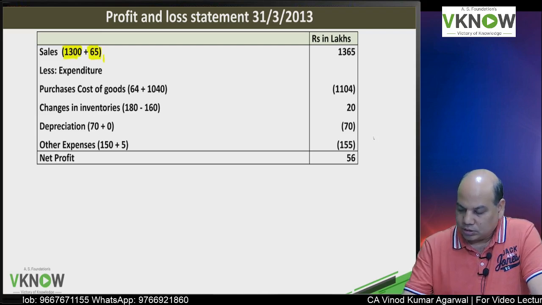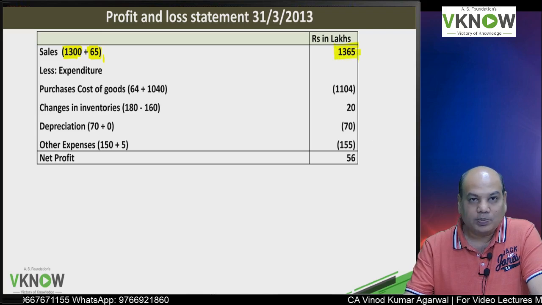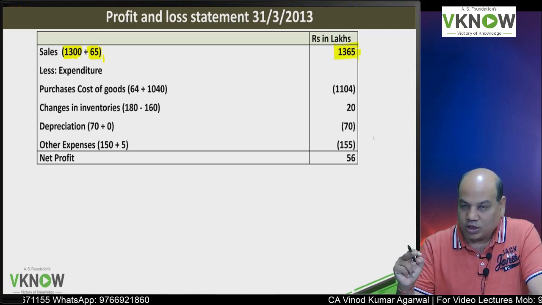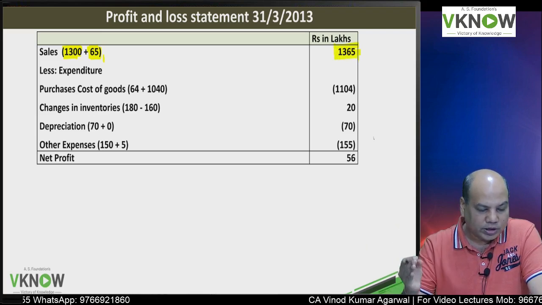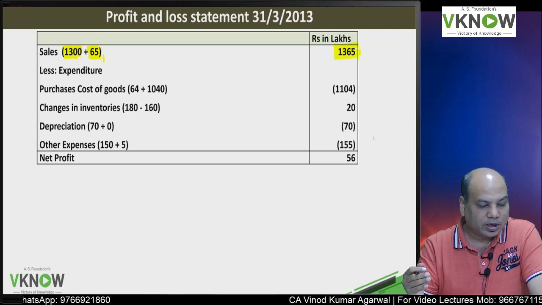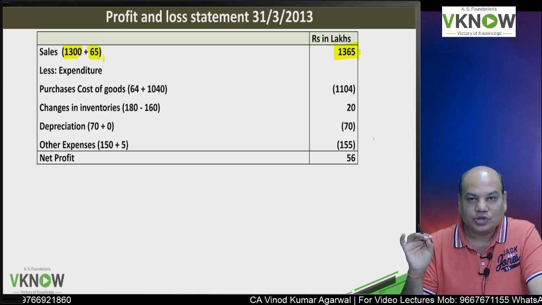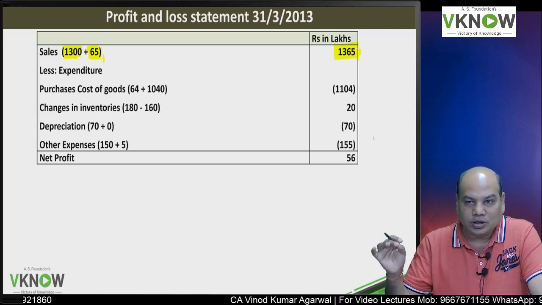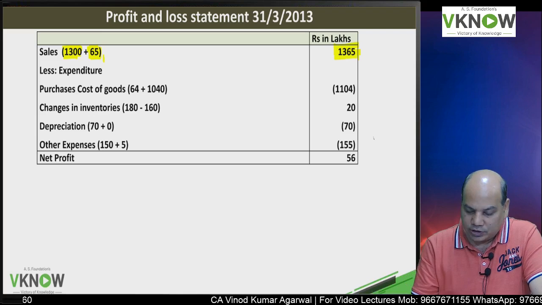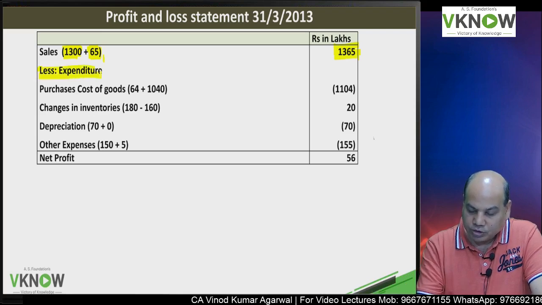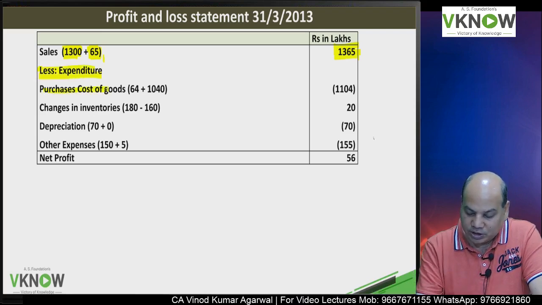So my total sale that will appear in P&L account is 1365. 1300 sales made by Monty directly, and 65 is the share in the revenue, in the income from the joint venture. Now write down below less expenditure. Under that, purchase.